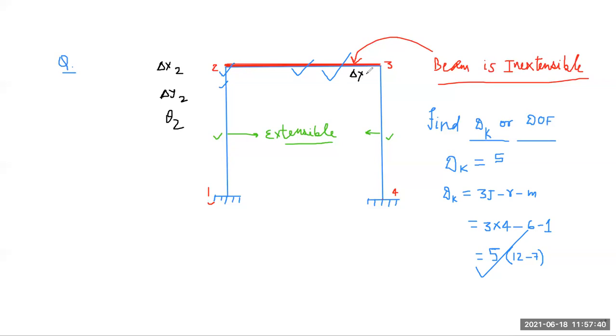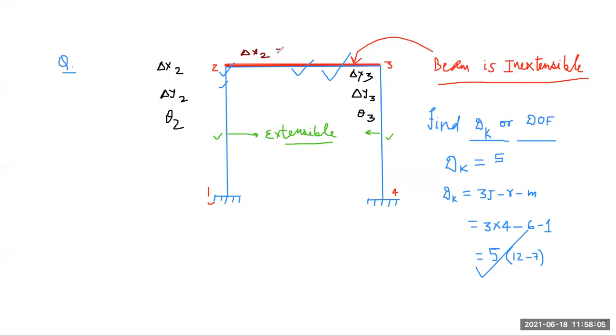Also your delta y3 is permitted. And also your theta 3 is permitted. So just put delta x2, because this member is inextensible.